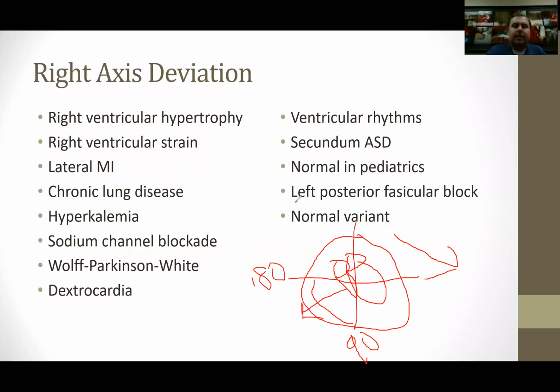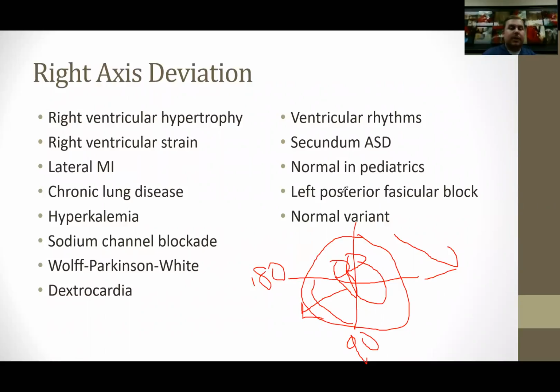And then finally, left posterior fascicular block, which I know in paramedic school I was taught that right axis deviation means left posterior fascicular block. If you remember the old cheap way to do it, you have lead 1 and you determine if it's positive or negative.